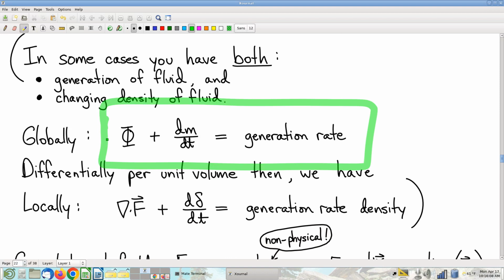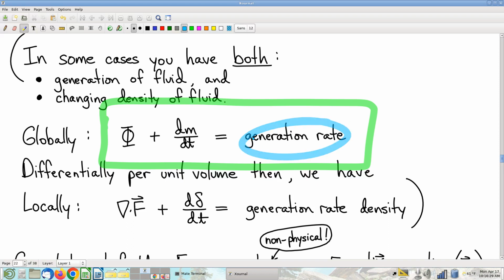So anyway, for whatever reason, if you have a fluid that is being generated to any extent, right? And by the way, positive or negative, maybe the fluid is disappearing, maybe it's being destroyed somehow, whatever, whatever that generation rate is. When you generate fluid, there's really only two things that can happen.